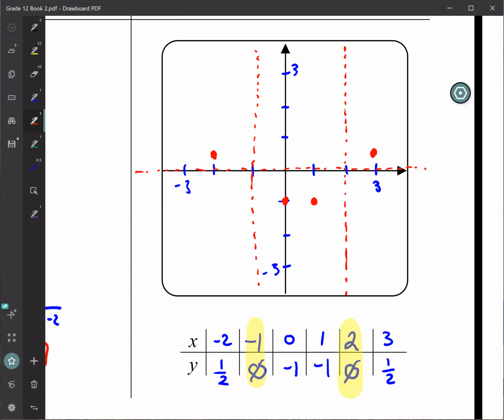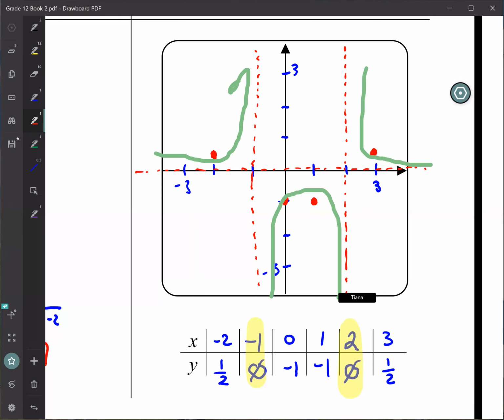Yeah. Okay, so let's see. Tiana, are you able to draw on the screen? Yeah. Okay. And try to show us your graph. Okay, pretty good. Yeah, very good.